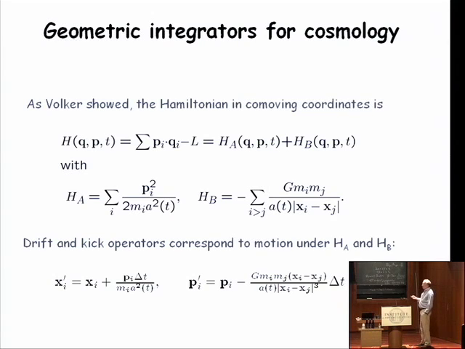And you can then make exactly the same split. You think of this as your drift operator, you think of this as your kick operator. The drift operator advances the positions this way, the kick operator advances the momenta this way, and you combine them as I described over on that blackboard.